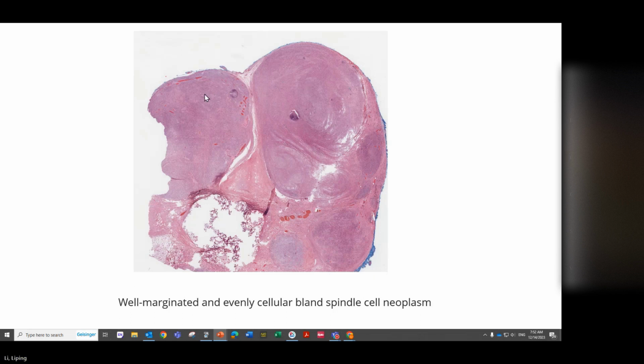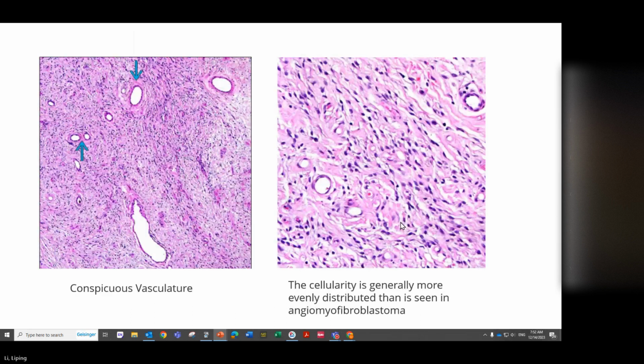Most of this area is cells, so this is hypercellular. Then we have these medium to small size vessels, but we can see the hyalinized vessel wall. The spindle cells blend together. We rarely see mitotic figures.